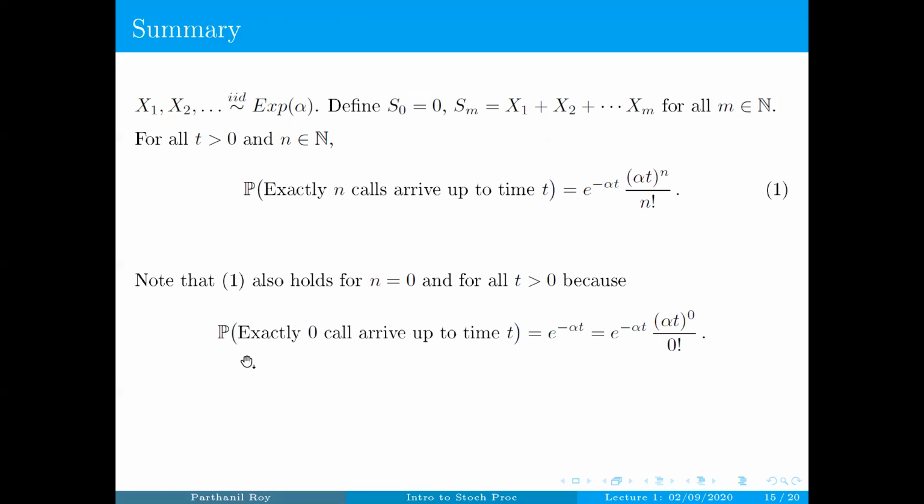That's because we had calculated, as our warm-up question, that the probability of exactly 0 calls arriving up to time t is e power minus alpha t, which is just the same as this value if you put n equal to 0. So therefore, this equation 1 is valid for all real numbers t strictly positive, and for all integers n bigger than or equal to 0. Okay, this summary is going to be very useful for us.